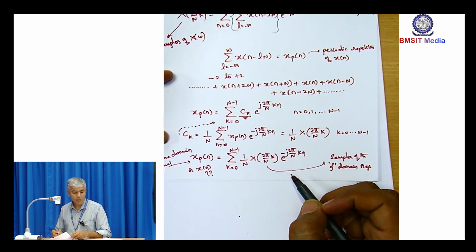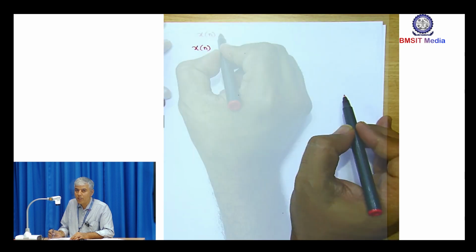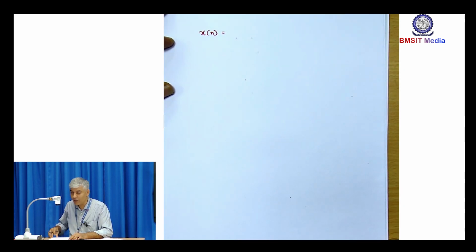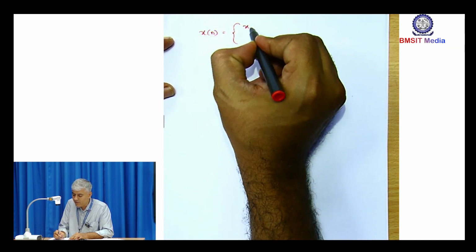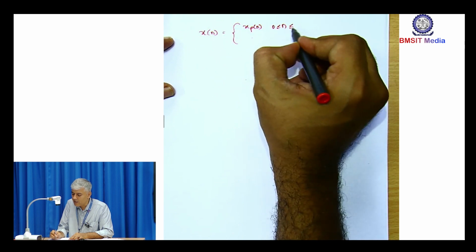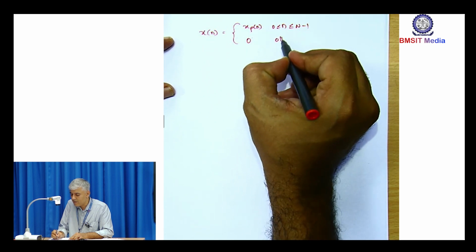So the procedure to obtain x of n from frequency domain samples, and hence the reconstructed version, is xp of n for n in this range and 0 otherwise.